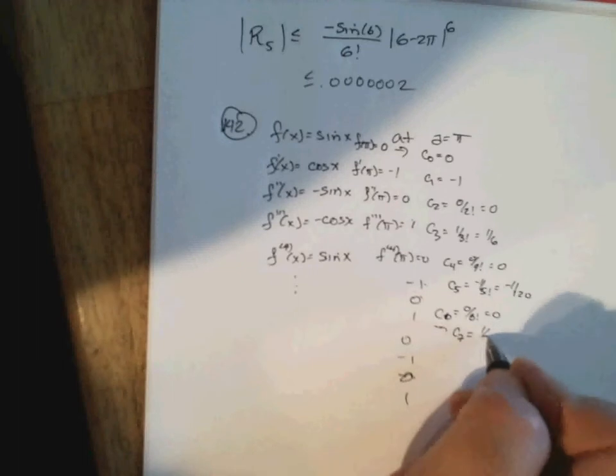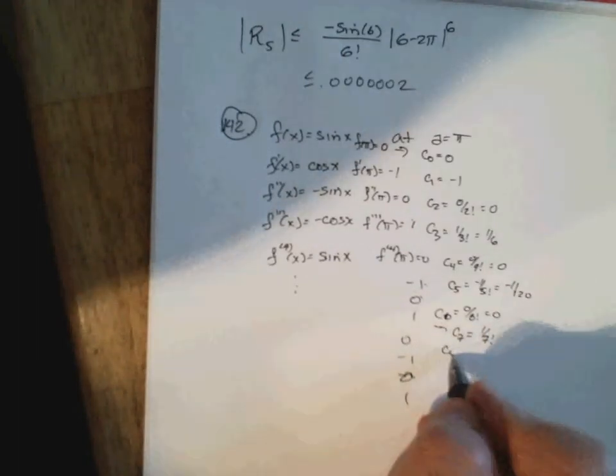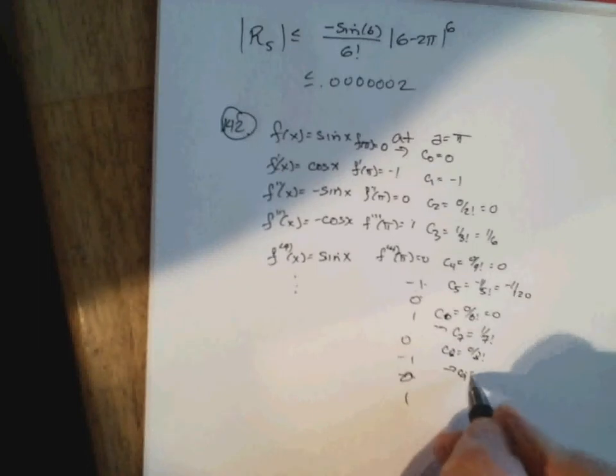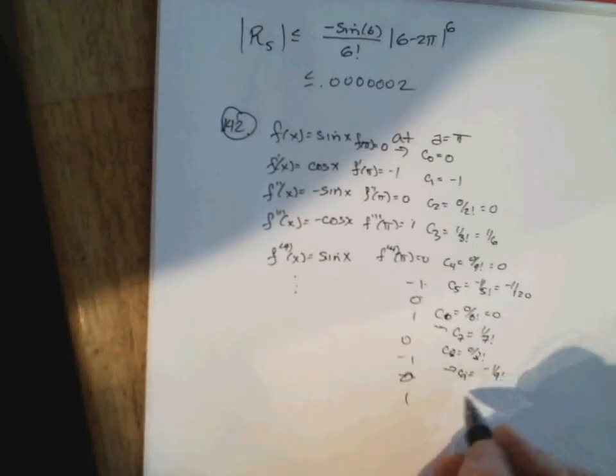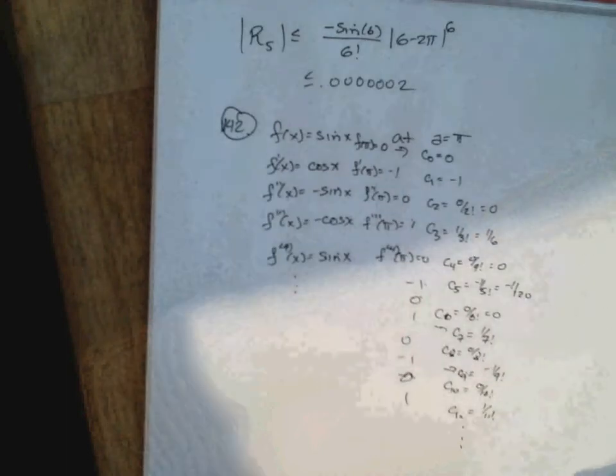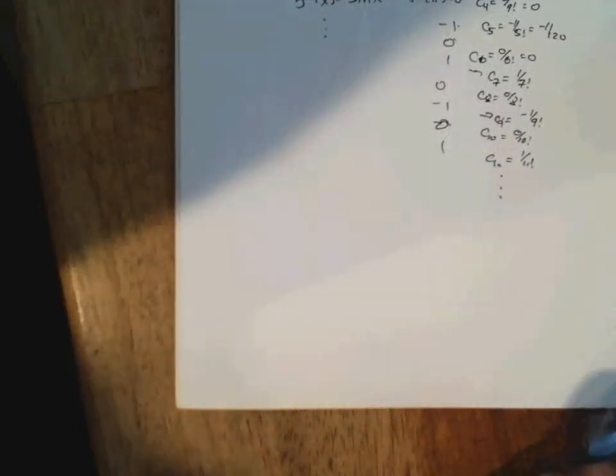C6 is 0 over 6 factorial is 0. C7 is 1 over 7 factorial. C8, 0 over 8 factorial. C9, -1 over 9 factorial. C10, 0 over 10 factorial. C11, you get the idea, right? 1 over 11 factorial, and on and on and on forever.